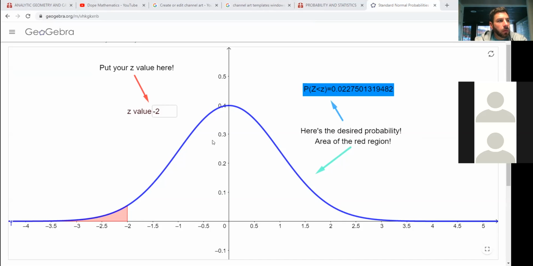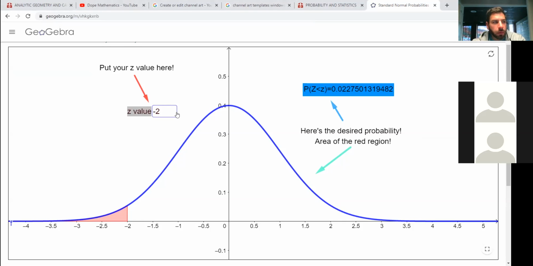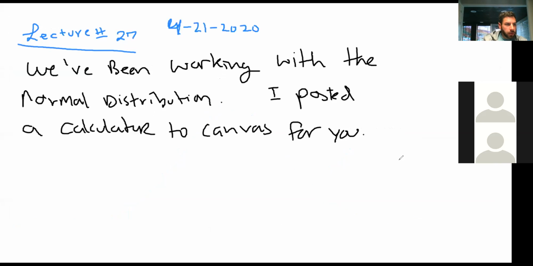Once you have what we call your z-value or your z-score, and you want to calculate, for example, the probability that Z is less than 0.67, we actually computed this for a problem two classes ago.